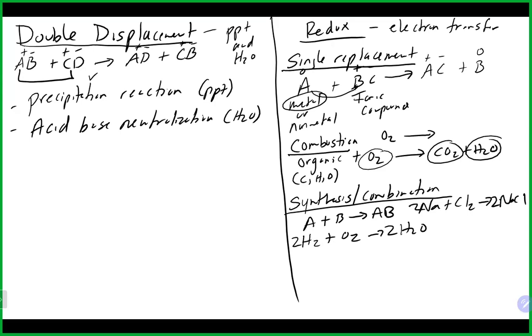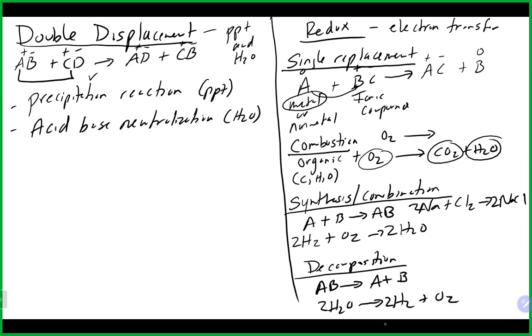And lastly, we have a decomposition reaction where one thing breaks apart into two things. And again, as we saw, you could do the electrolysis of water, run that electrical current over it, and it will break it apart into hydrogen gas and oxygen gas.